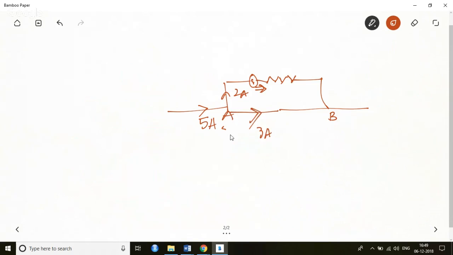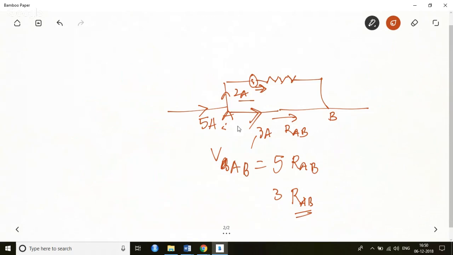So here the voltage VAB should be equal to 5 ampere into the resistance between A and B. So 5 RAB. Now suppose 2 ampere goes here, it remains 3 RAB. Then there would be an error in the measurement of voltage.